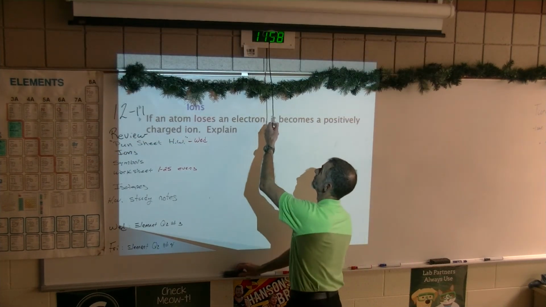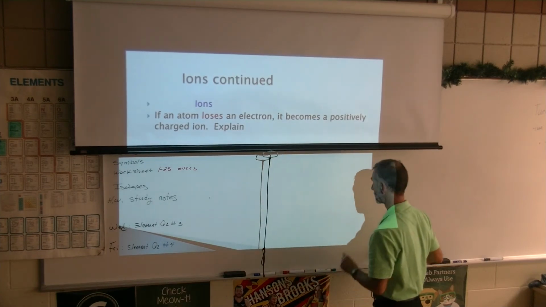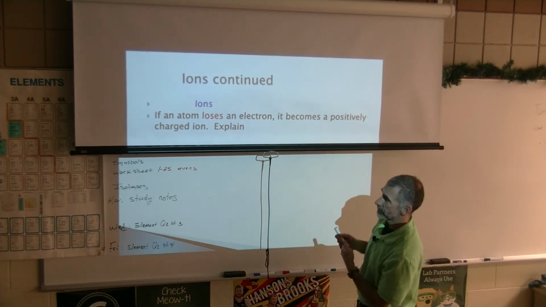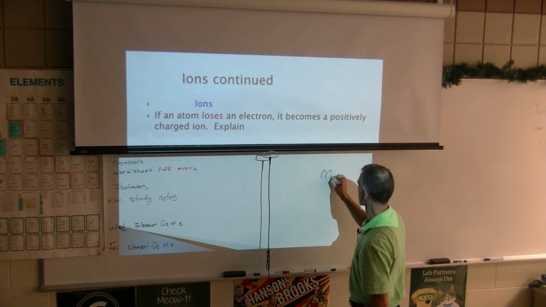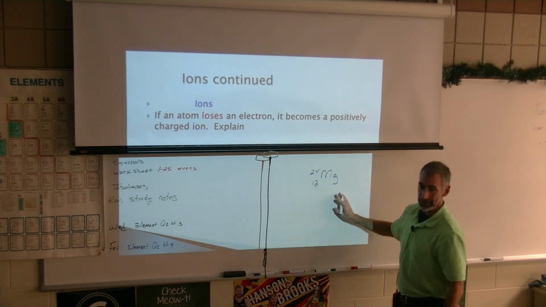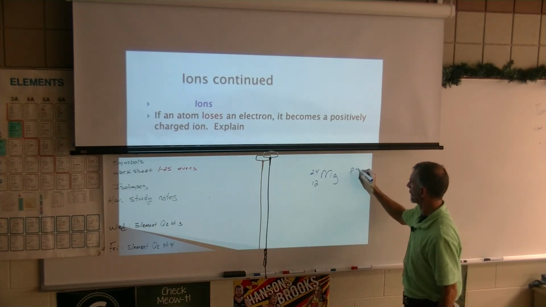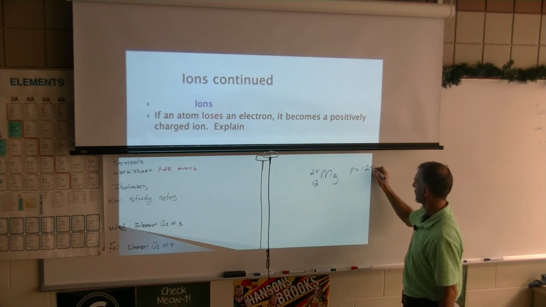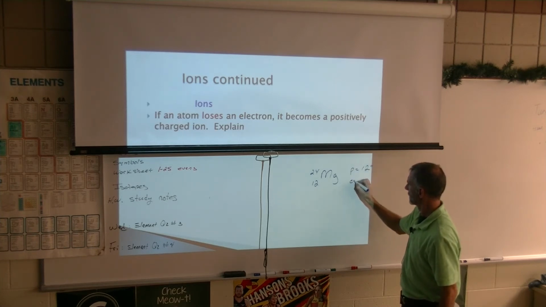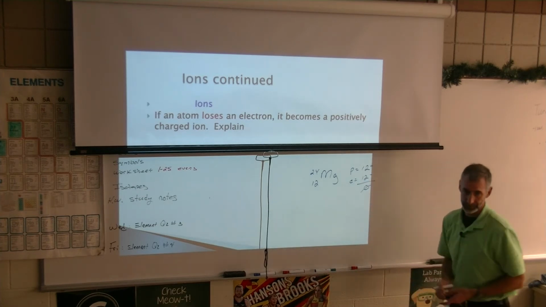So if we have a neutral atom of magnesium, it's got 12 protons and 12 electrons, so we have a neutral atom.